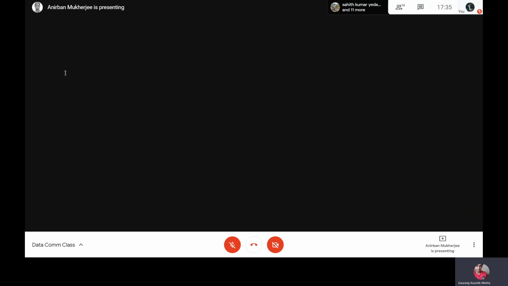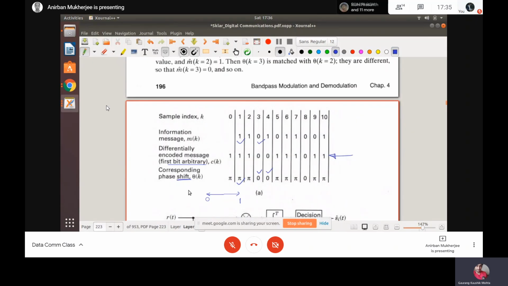In that way it is 1 or 0. That means when the phase shift is pi, the message is 1, and when the phase shift is 0, the message is 0. In this one, you are just adding up the corresponding phase shifts. It is not the phase. Okay, and you are adding up.